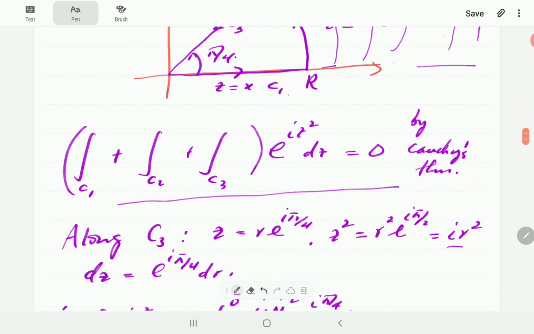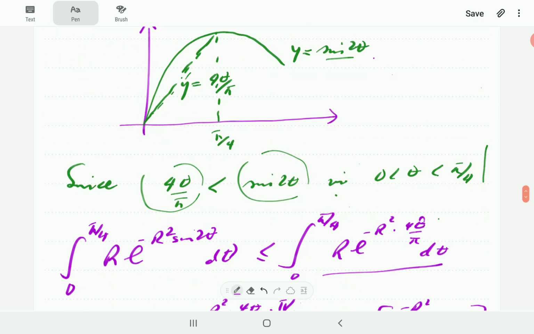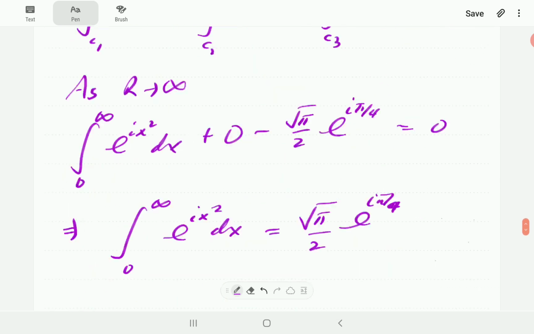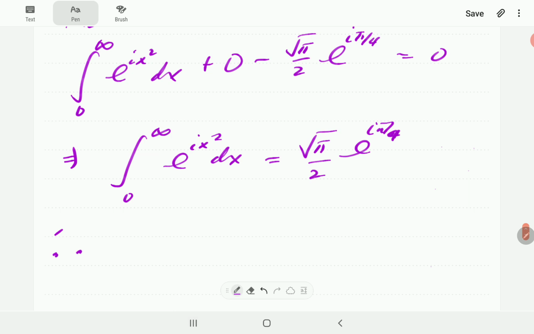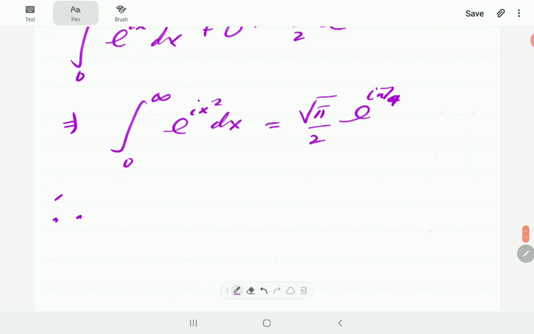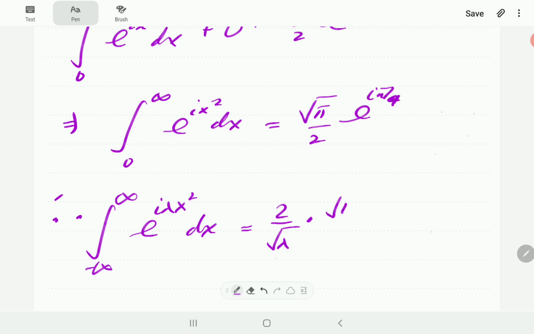So finally, therefore, the integral from minus infinity to infinity of e to the i lambda x squared dx is going to be 2 over square root lambda, and that integral is given by square root pi over 2 e to the i pi over 4.